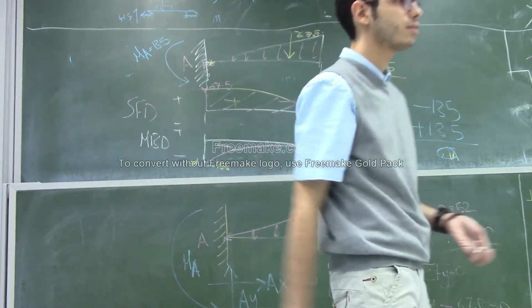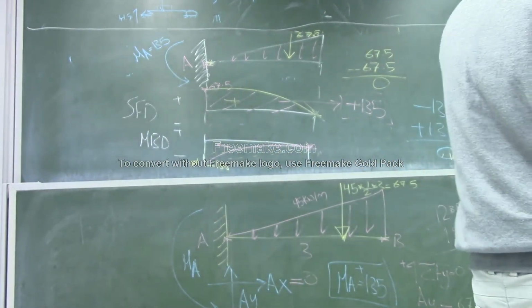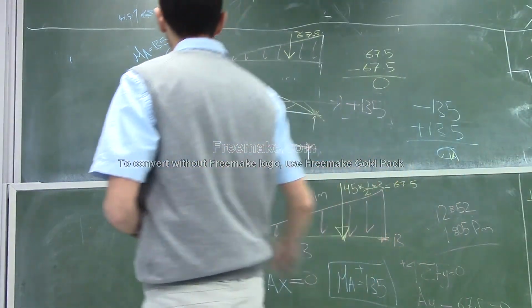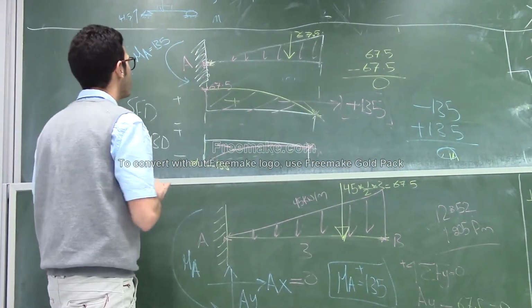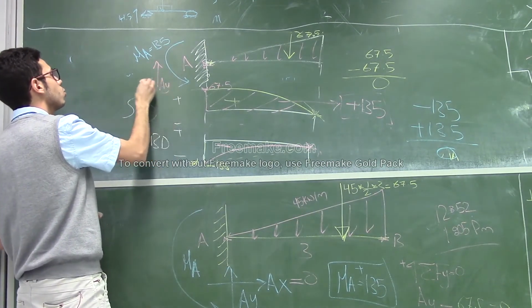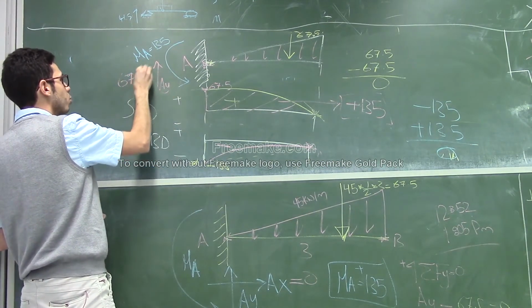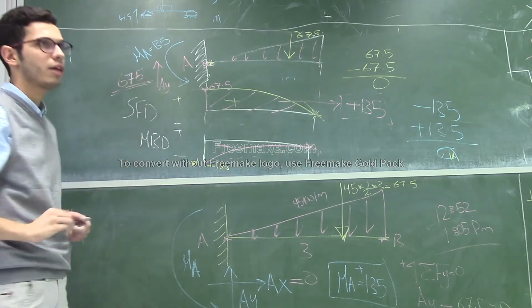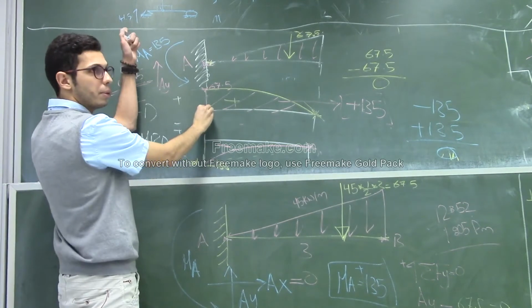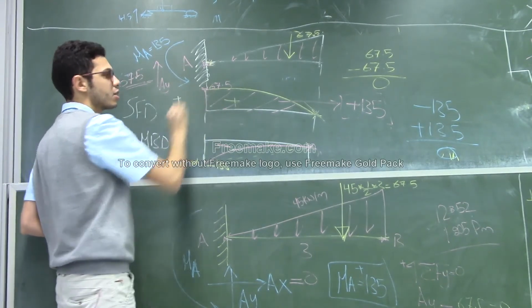You have a question? I don't understand the shear diagram. The shear diagram? Okay, now at the point A, there's a force, AY. AY is equal to 76.5. So at the point A, I should go up to 76.5.